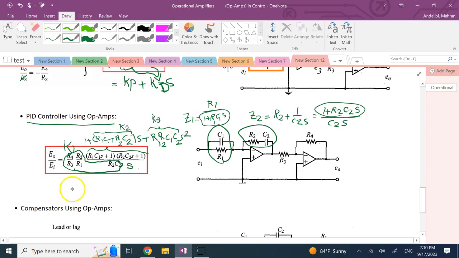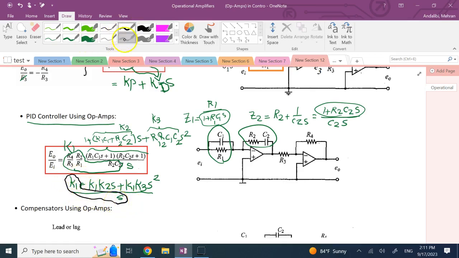So it is going to be like K1 plus K1 K2 S plus K1 K3 S squared, the whole thing divided by S. And clearly here you can see that this is your integrator, this part here is your constant proportional, and this last portion here is your derivative.